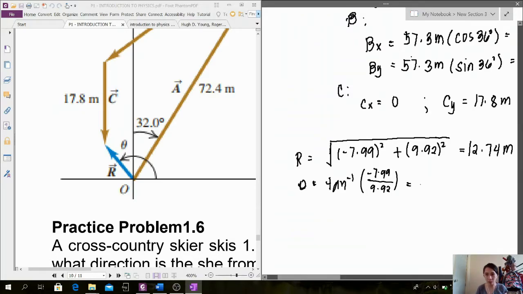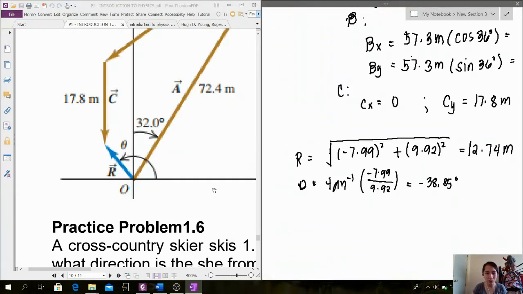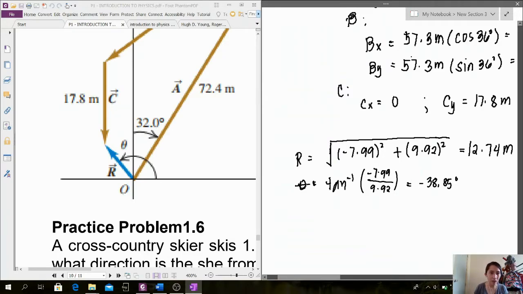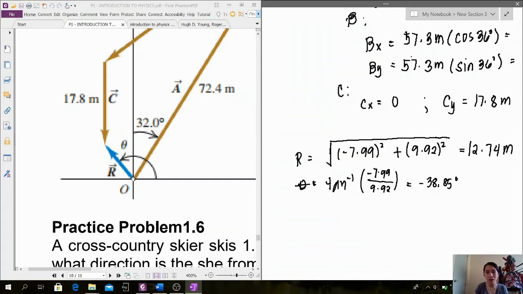So solving the arc tangent of negative 7.99 over 9.92, that is equal to negative 38.85 degrees. A little clarification: my angle theta here is measured from the north line, or the y-axis, to the resultant vector. That's why I have the x component as the opposite side and the y component as the adjacent side.